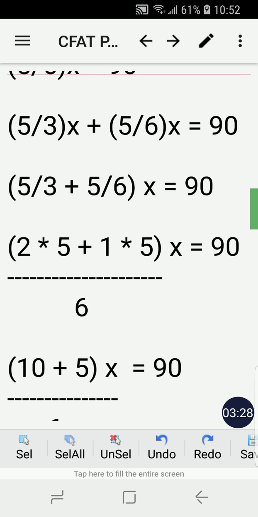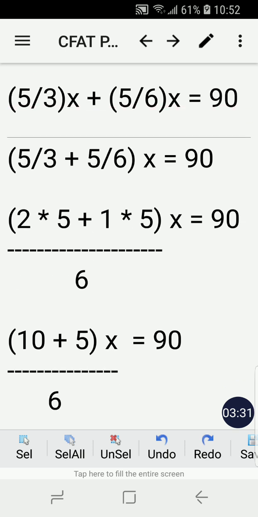Then we need to factor out x outside the parentheses, so we are left with 5/3 plus 5/6 times x, still equal to 90. Then we will get the least common denominator of 5/3 and 5/6, so that will be 6. And so we have 6 divided by 3 is equal to 2, times 5, plus 6 divided by 6 equal to 1, times 5.